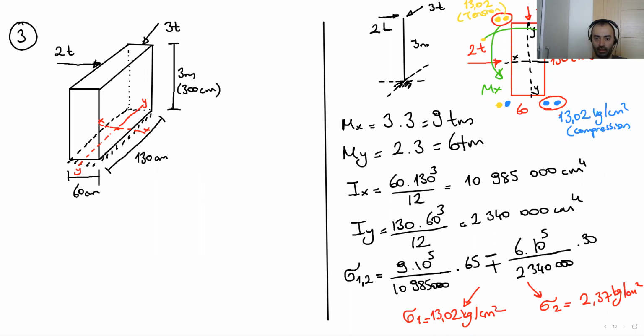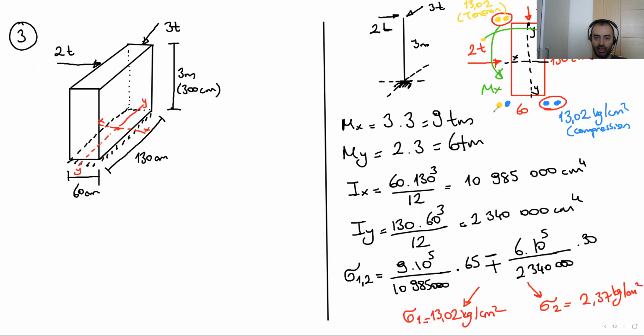Okay. The minimum is where we have two different colors. This side is double compression. This side is double tension.